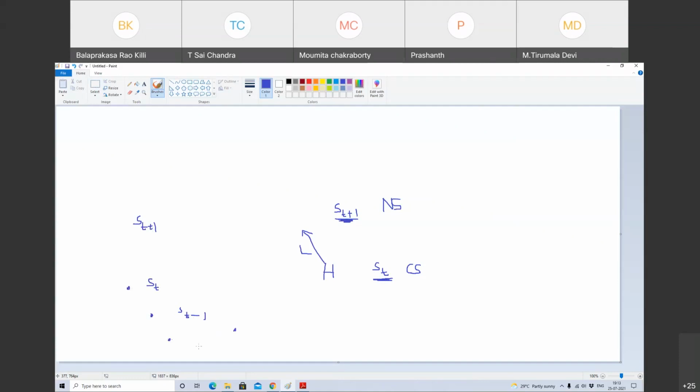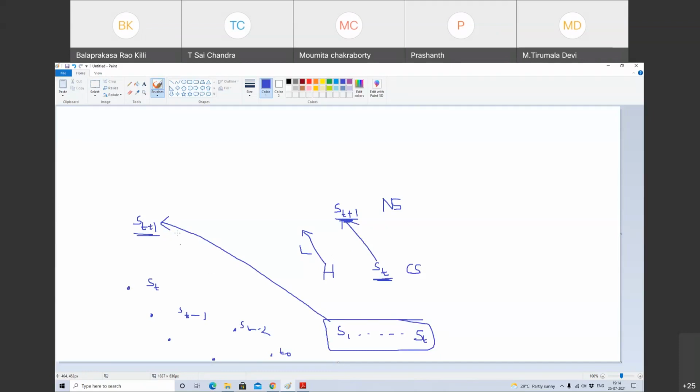At the initial time, t naught, the helicopter was here. Now, if you know all the state information from S1 to ST, then you can determine ST plus 1. In this case, if you know ST, you can determine where you will be at time t plus 1.